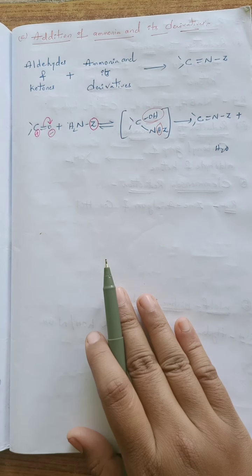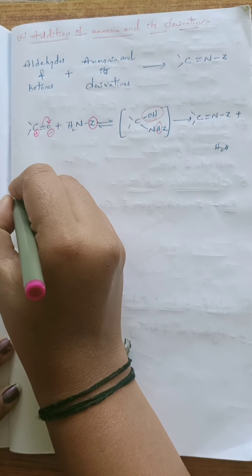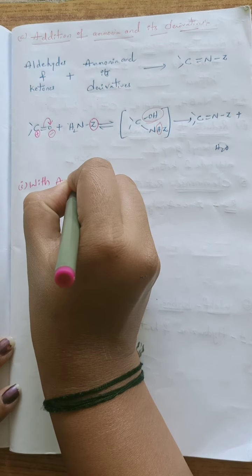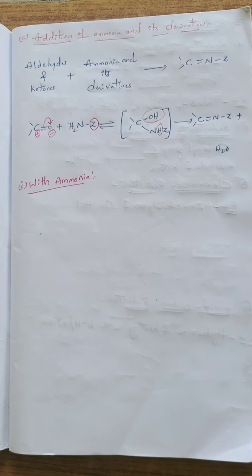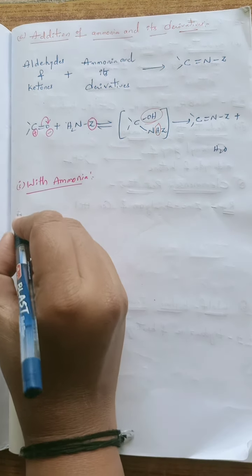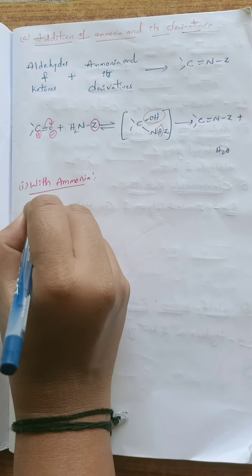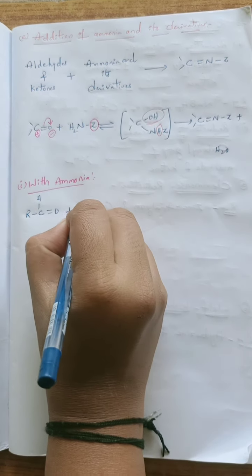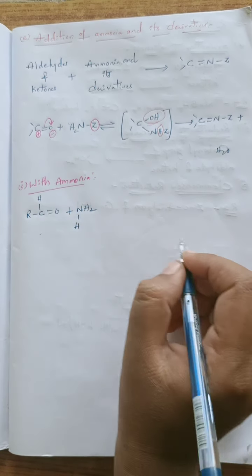First, the reaction with ammonia. I am taking the general representation of the carbonyl compound, that is RCH double bond O, or R C double bond O H. When this carbonyl compound reacts with ammonia, NH3, for convenience I am separating this hydrogen.